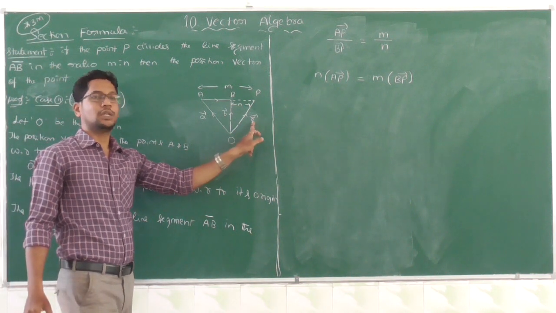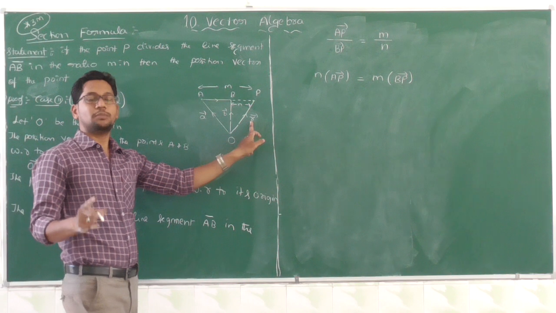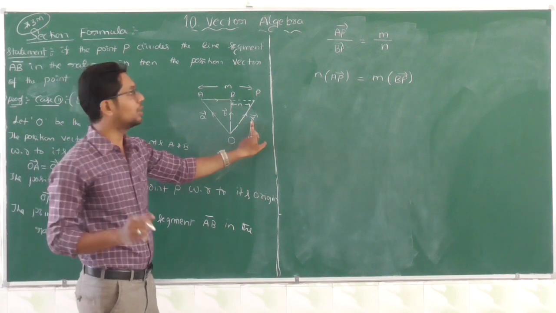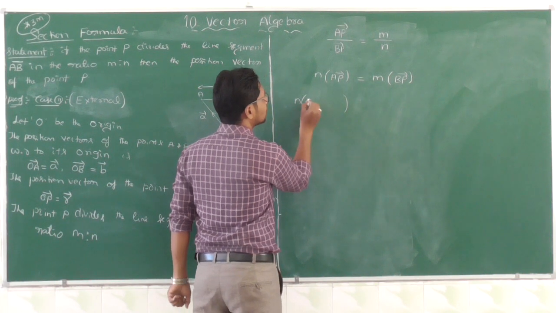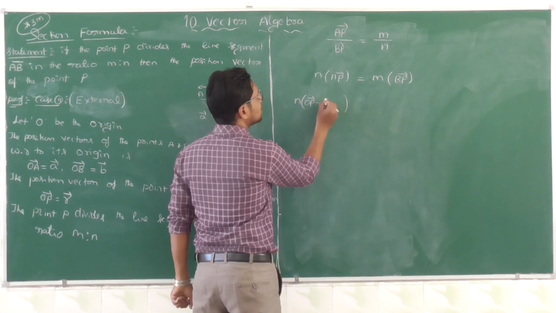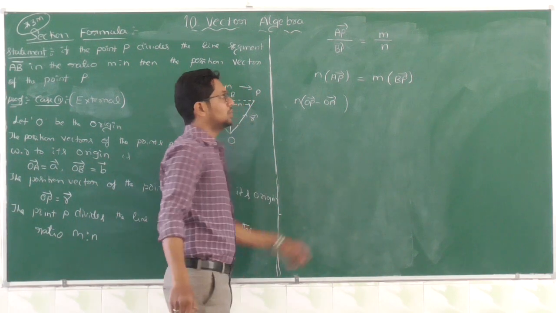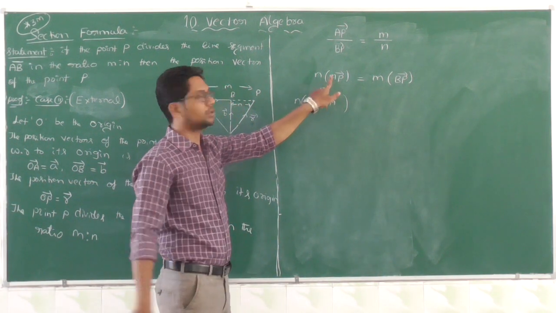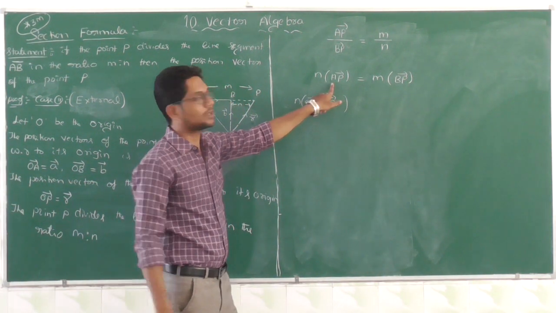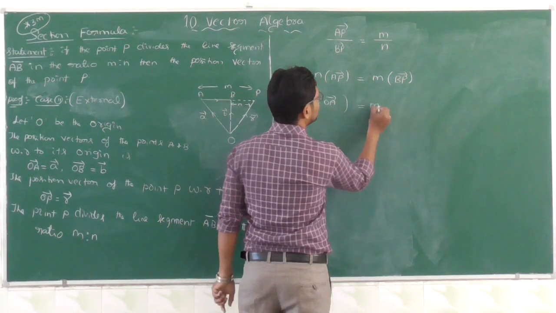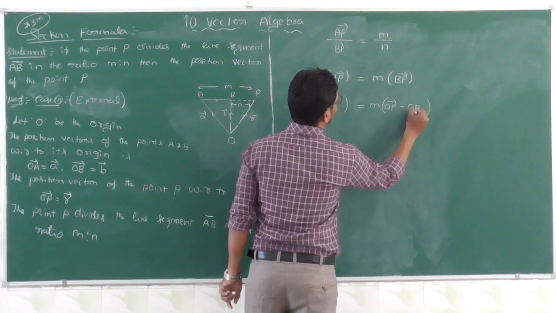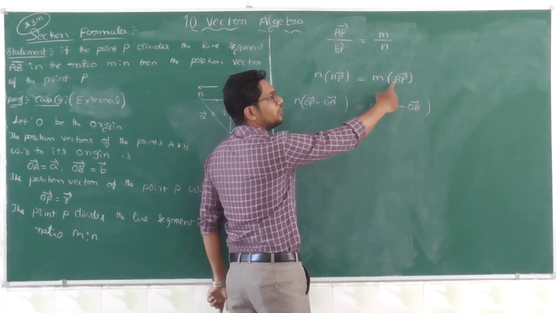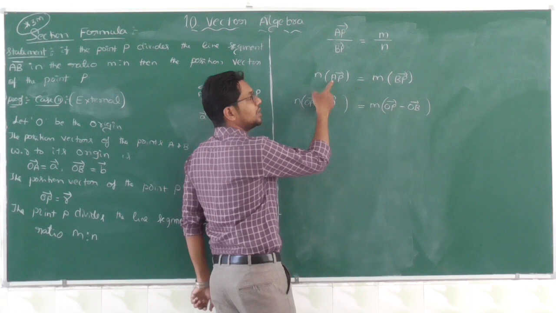Now AP vector can be written as OP minus OA vector. This one I already told you in the first case, right? And BP vector is OP vector minus OB vector.